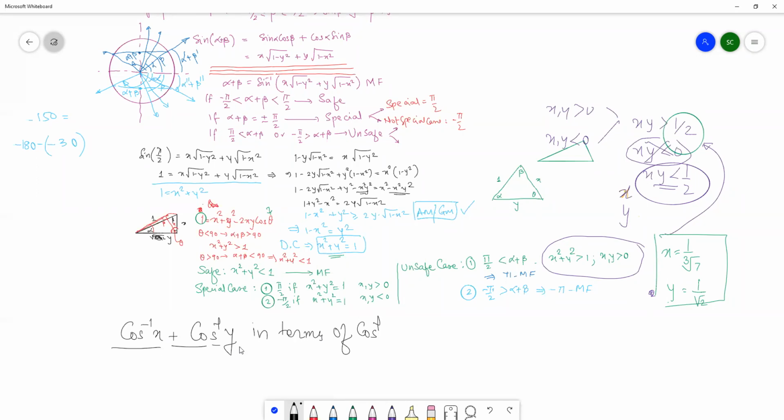What is going to be the main function? What are going to be the safe, special, unsafe cases?